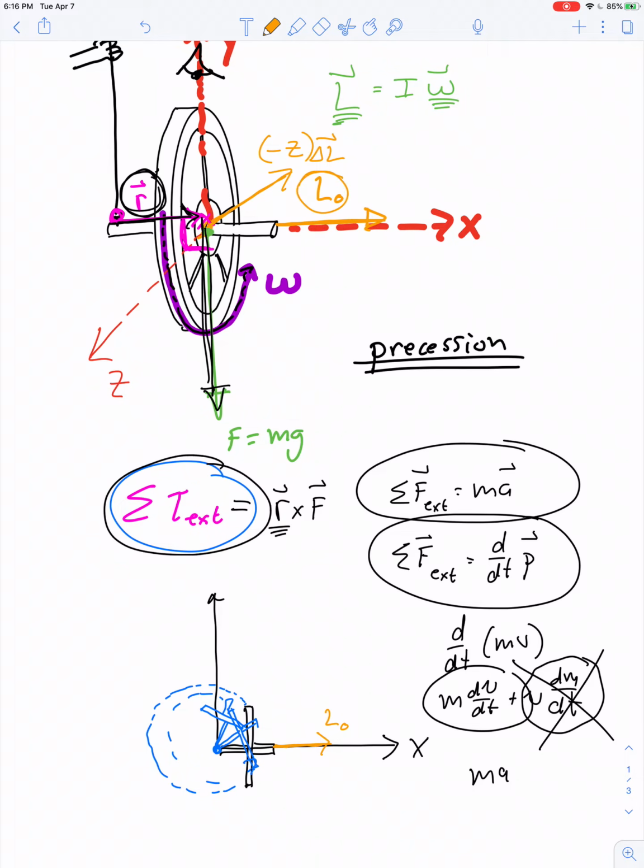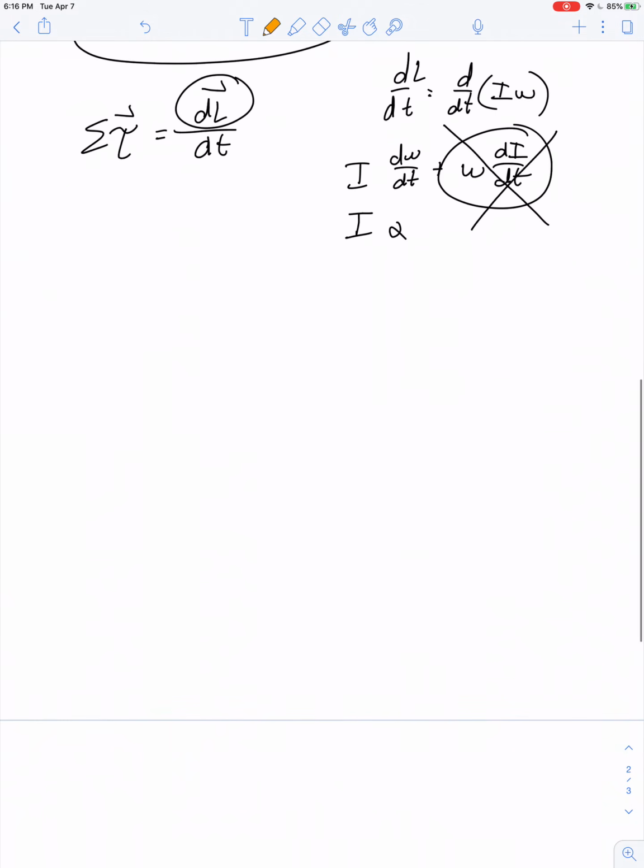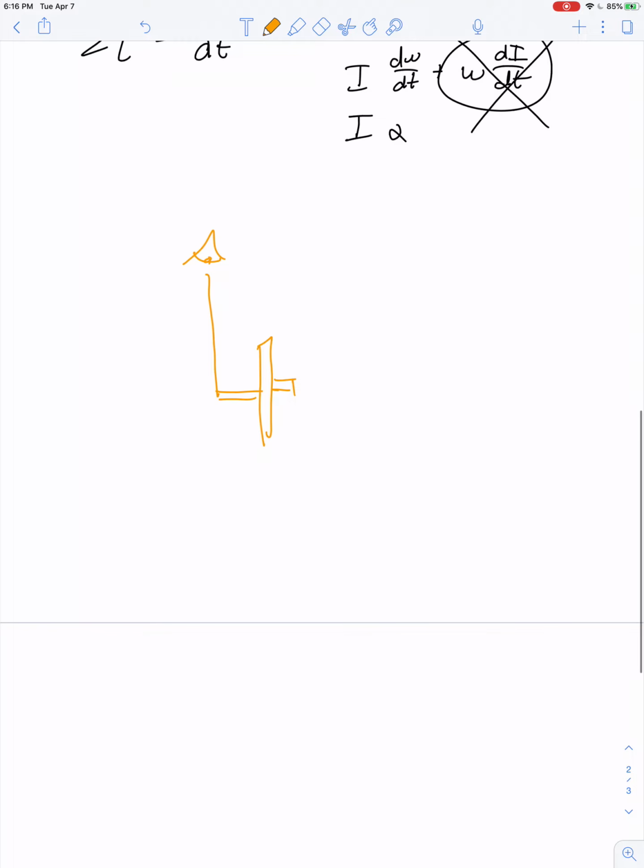So what we have is an initial angular momentum pointing down the x-axis and a change in angular momentum pointing down the negative z-axis. Well, that's kind of what this picture is saying. I'll draw it again down below. This is again the bird's eye view. So an eyeball looking down the string that supports the handle of the wheel sees it like this.